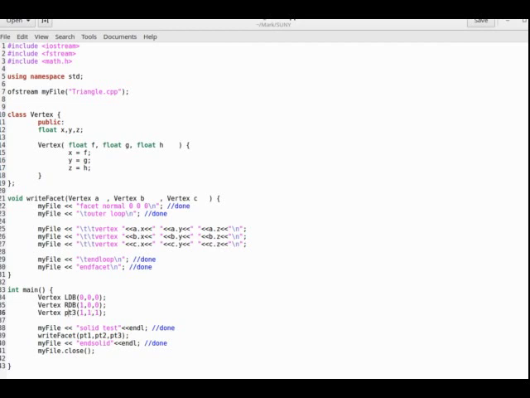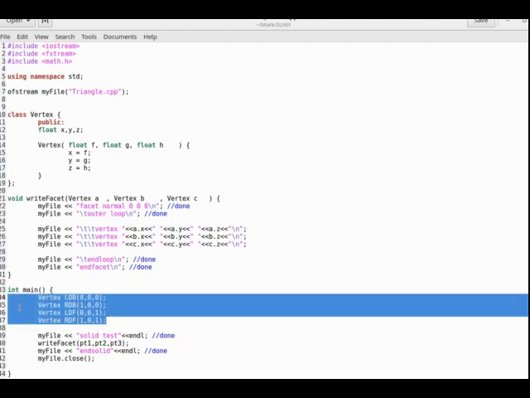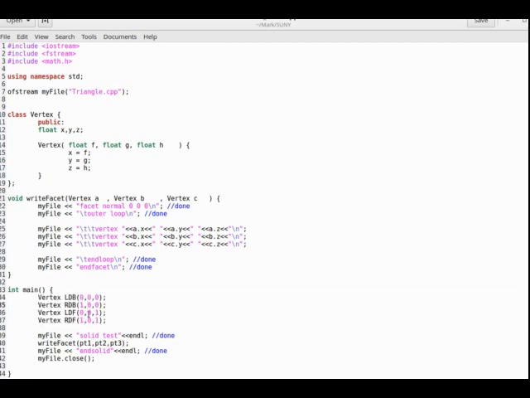I'll make a left, down, front vertex. So left would be 0, down would be 0, front would be a 1 there, and I'll make another vertex that will be right, down, and front. So notice all of these vertices are for the square. Notice they're all on the down level, so they all have a 0 as their second coordinate.